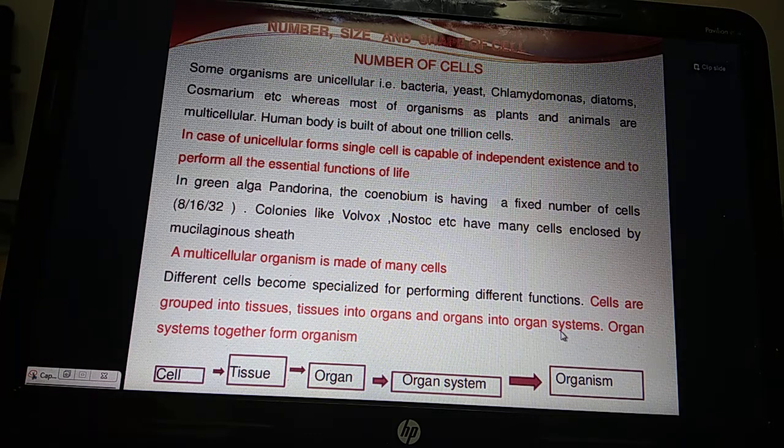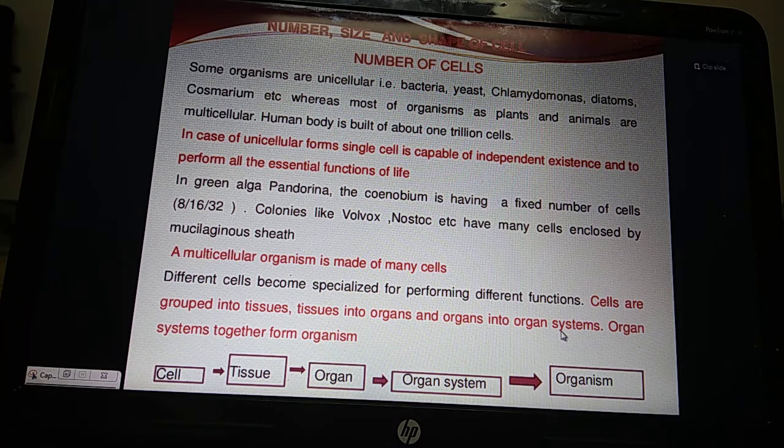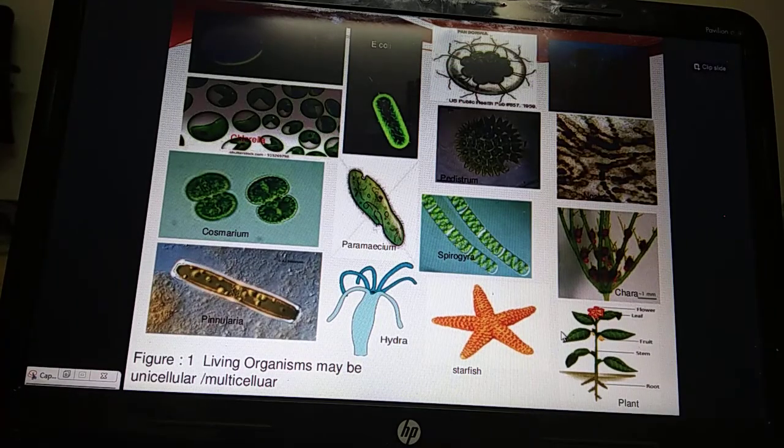It can perform respiration, digestion, nutrition, excretion, all the functions. But in the multicellular organism, the cells are specialized for performing different functions. Cells are grouped into tissues and organs, organ system, and then organism.